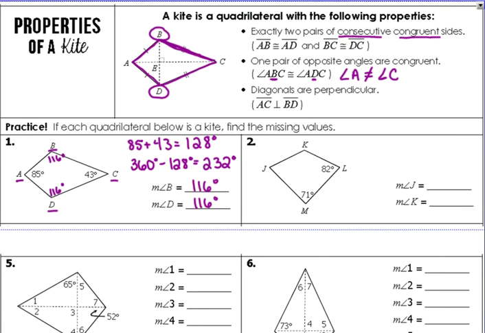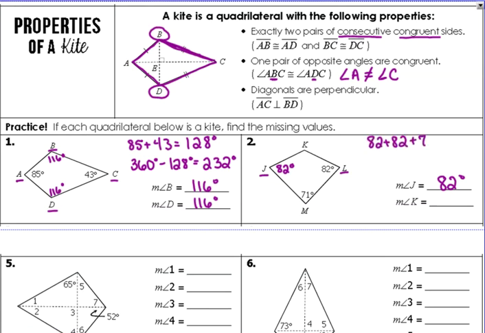Okay, let's look at number 2. If we look at that kite right there, I believe J and L should have the same measurement. So J is 82 degrees, and then we have 3 out of the 4.